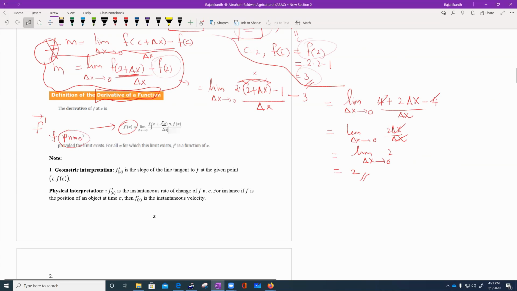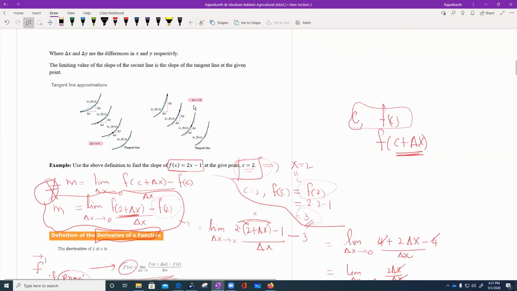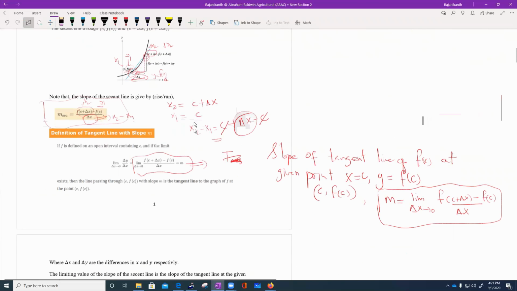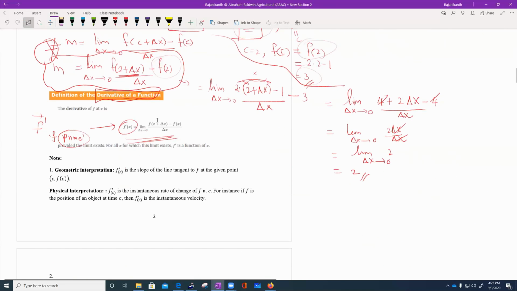So this formula is very much similar to the previous formula, right? The only difference is in place of c, now we replace x. Then you will get exactly the same formula here.